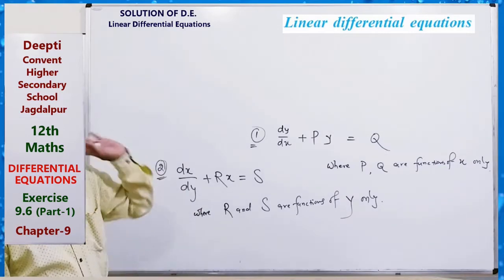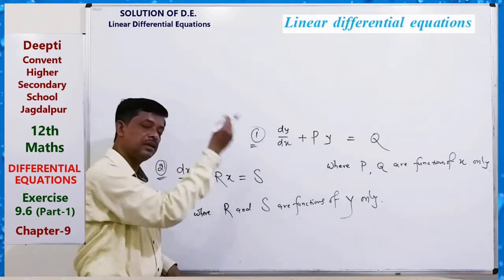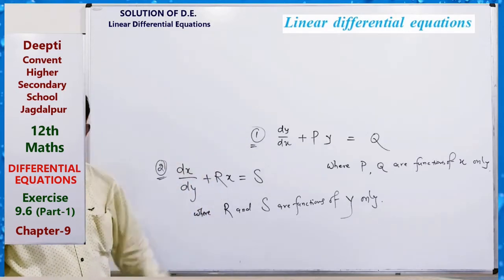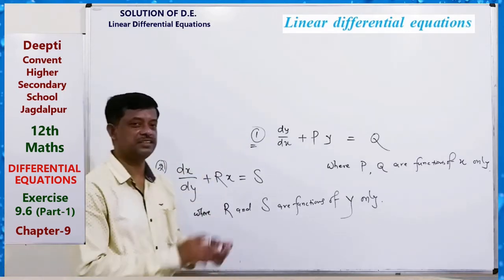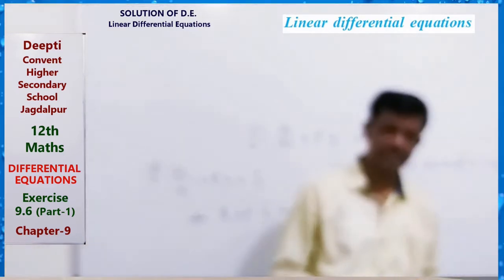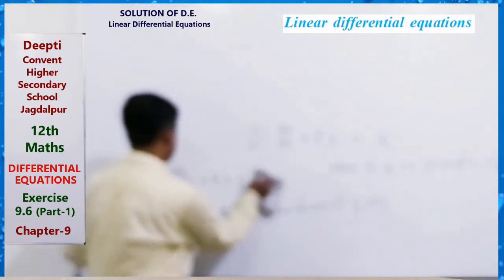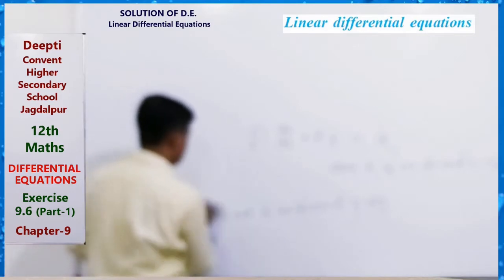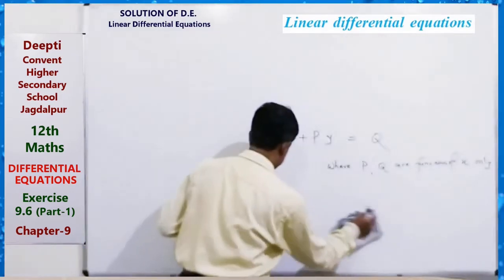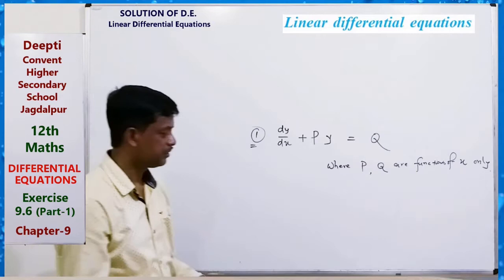Linear differential equation, first order and first degree. Its solution is very interesting and can be found. Consider first, and in a similar fashion we can find the solution of the other form.